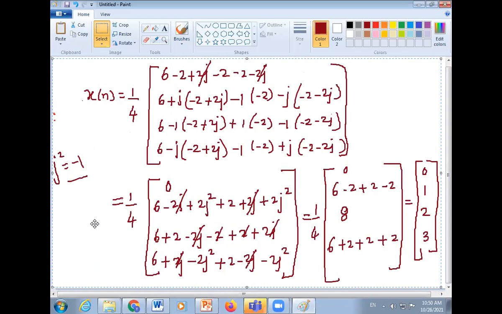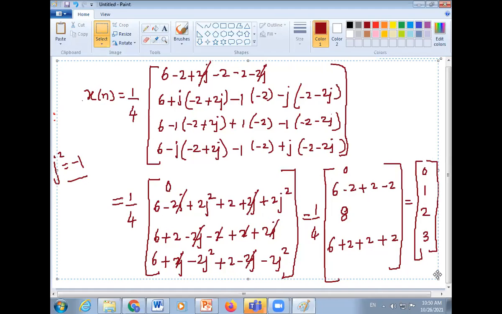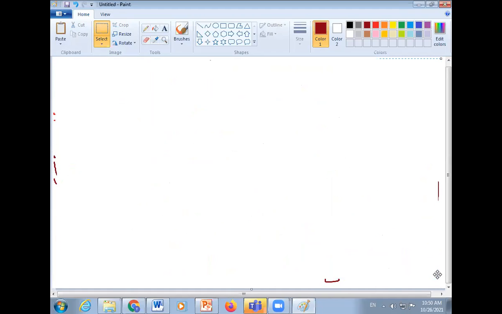Okay, so let us take the next example and you just solve it. Let me see how many of you have understood it properly. Compute the 4-point DFT of the sequence x of n is equals to 1, 1, 0, 0.